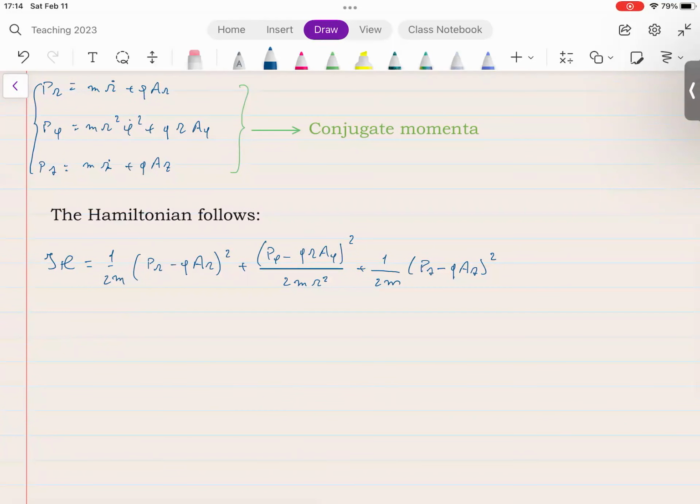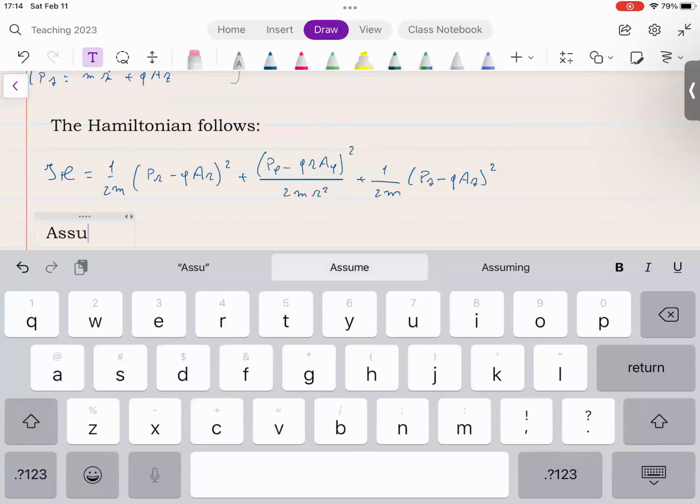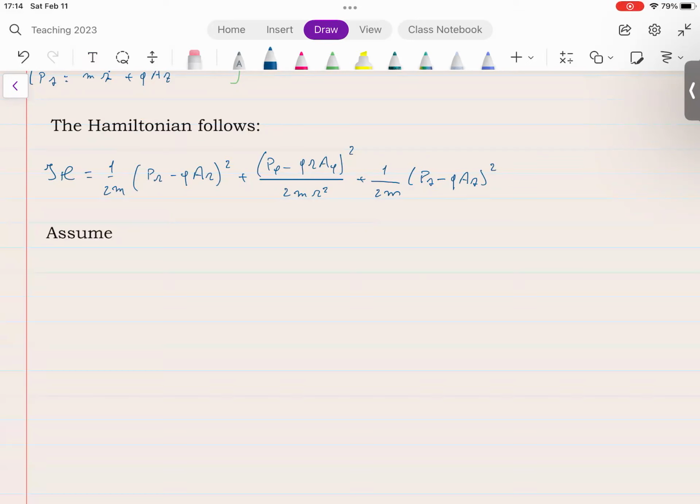I'm going to assume that B phi is equal to 0. Now, that is not a necessary assumption, but it's going to simplify my life. I could carry the rest of the calculation including B phi. It's just more work. And what really matters is contained in what we're going to do, even with B phi equal to 0.